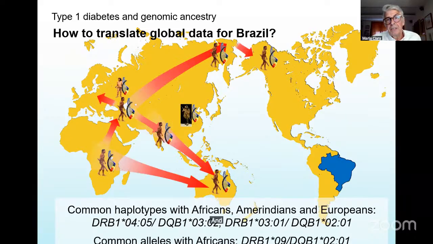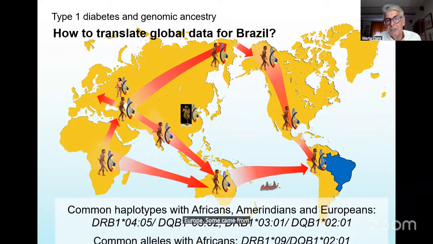And some came from Europe, some are still present in Brazil, and if they are from Amerindian ancestry, they are protective against diabetes.